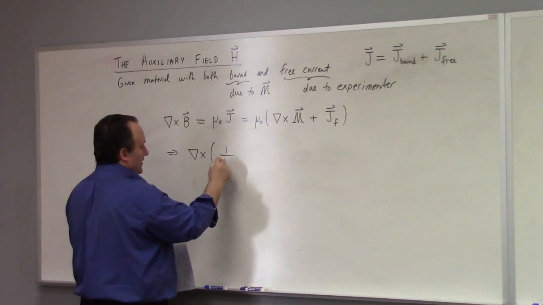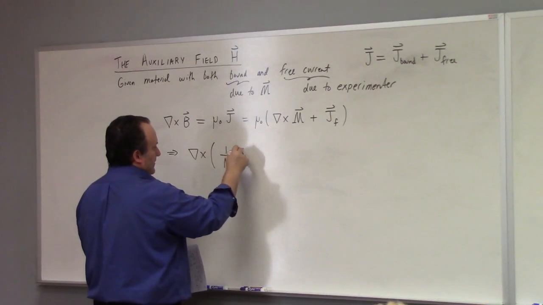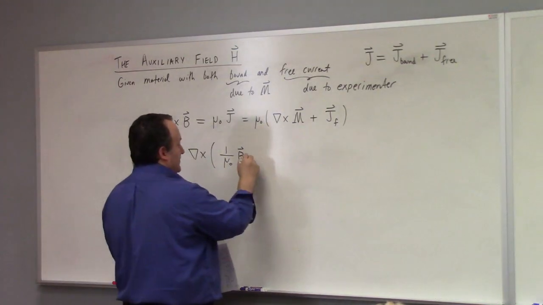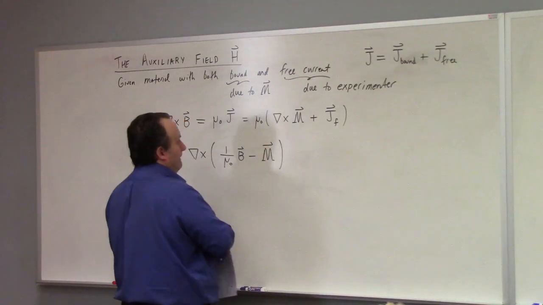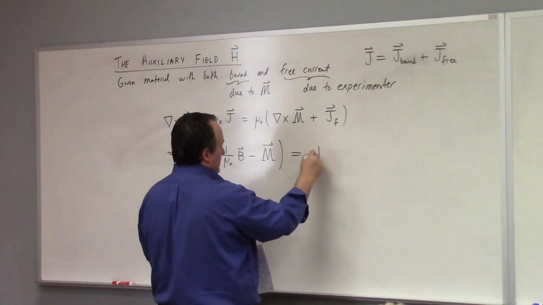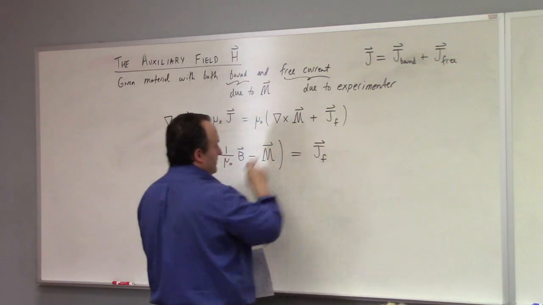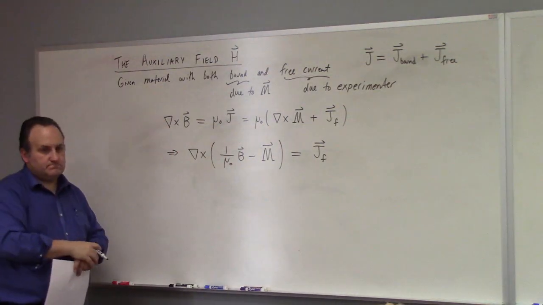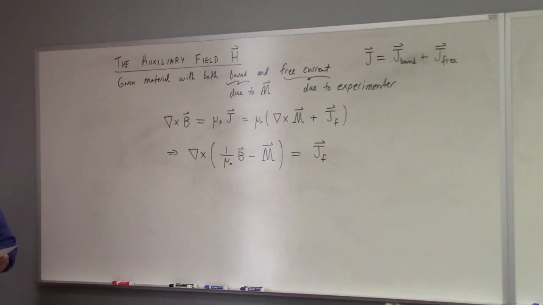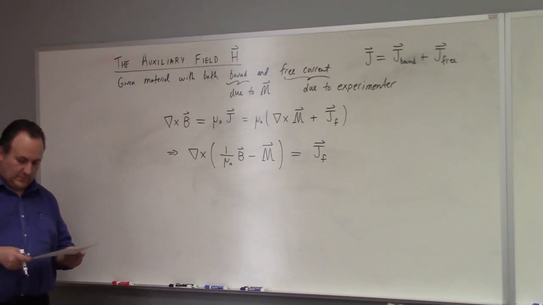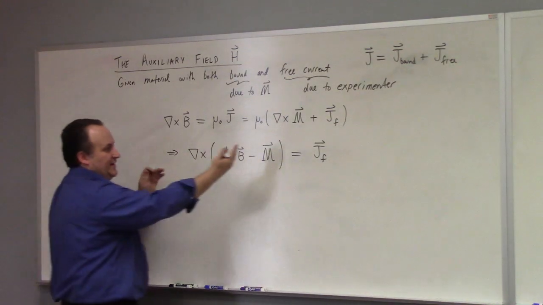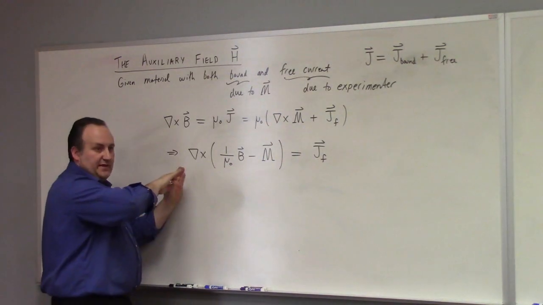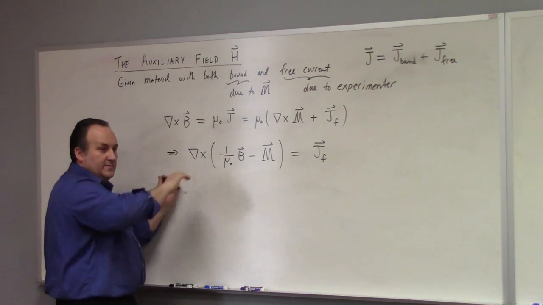If we take 1 over mu naught, put it with the B, and subtract M to the other side, that would be equal to the free current. So I divided mu naught to the other side, and then I subtracted M to the other side and used the linearity of the curl.